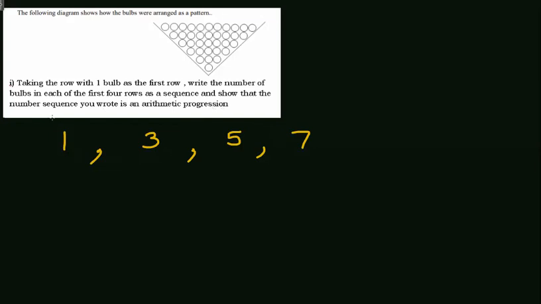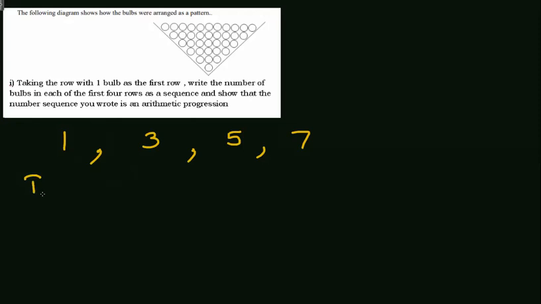All right, what's next? Show that the number sequence you wrote is an arithmetic progression. So how do we prove a written sequence is an arithmetic progression? First we'll calculate the difference between the second term and the first term.